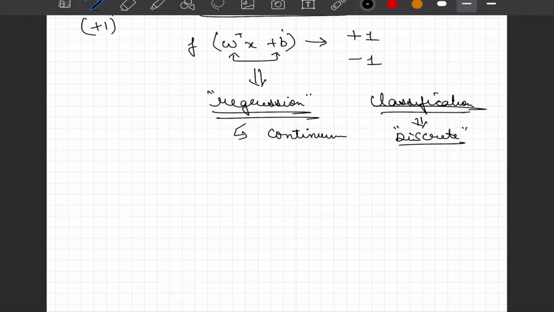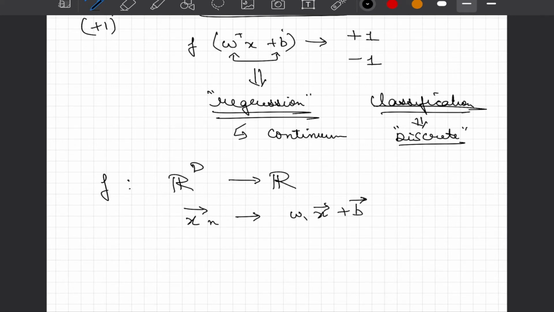Now stating this formally, we are looking for a function f that will take x_i having d features, so it will take a vector in d dimensions and give us output in a real space. And we say that this function can be written as w1x plus b.